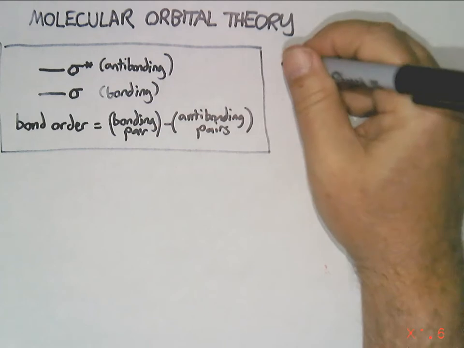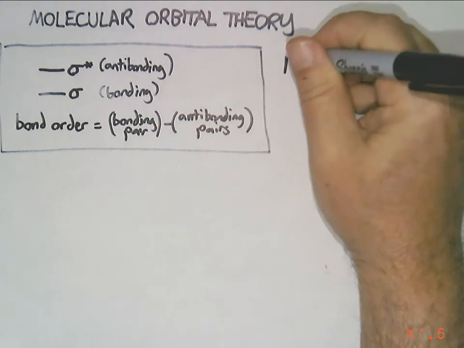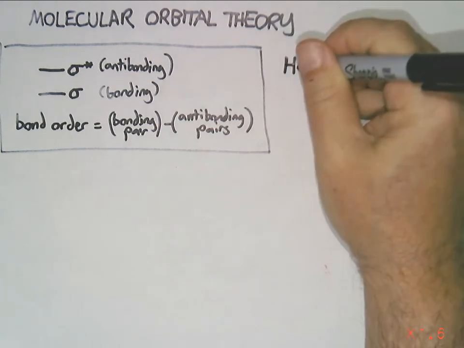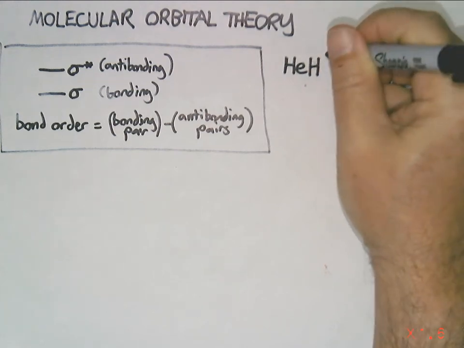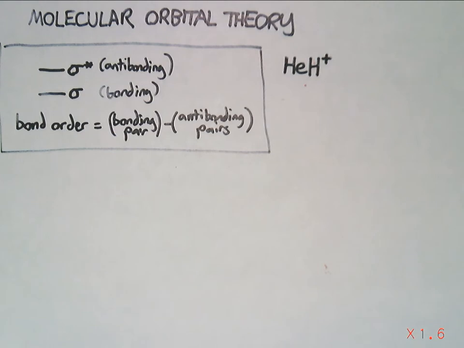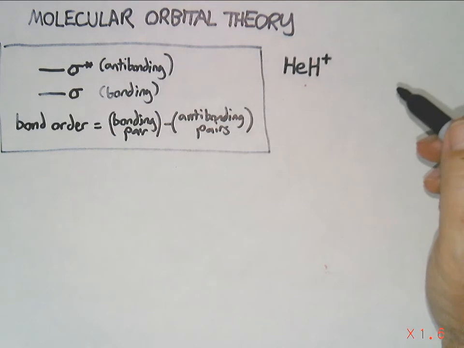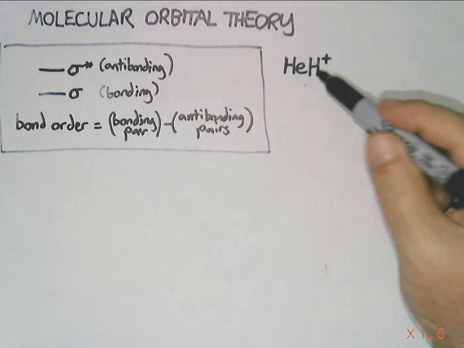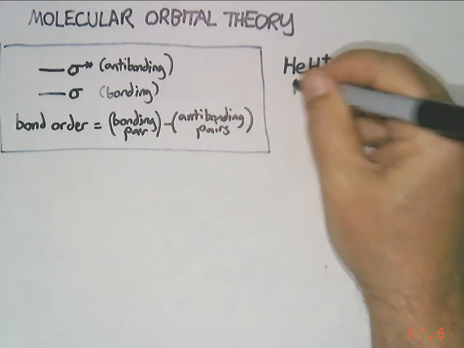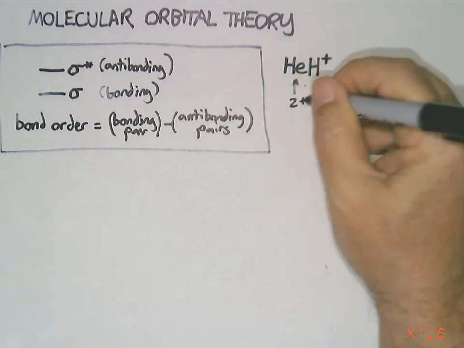How about this molecule, which they think was one of the first molecules to form in the universe after the Big Bang? It's an ion. Okay, well, it's got how many electrons? Helium has got 2 electrons, and hydrogen has 1.